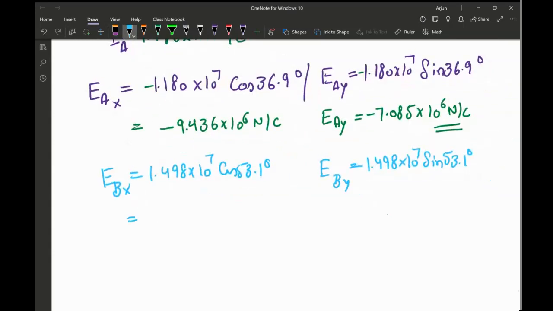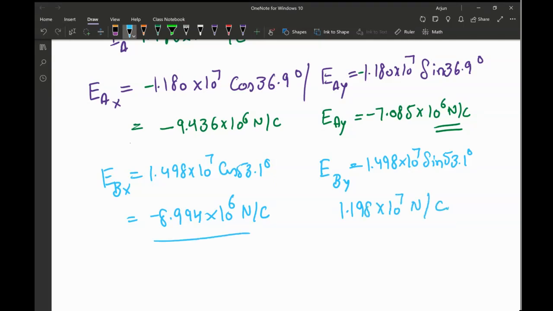Now EBX value is negative 8.994 times 10 raised to the power 6 Newton per Coulomb, and EBY is 1.198 times 10 raised to the power 7 Newton per Coulomb. So we figured out both the numbers.